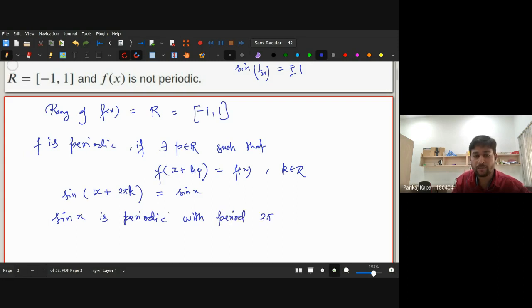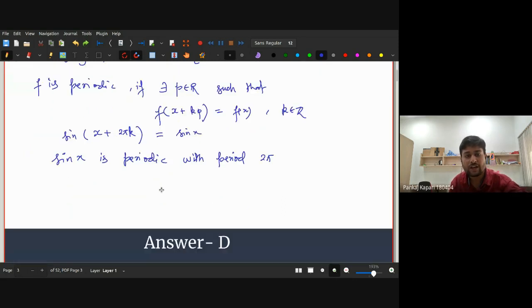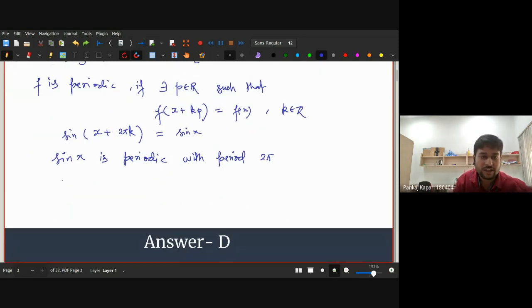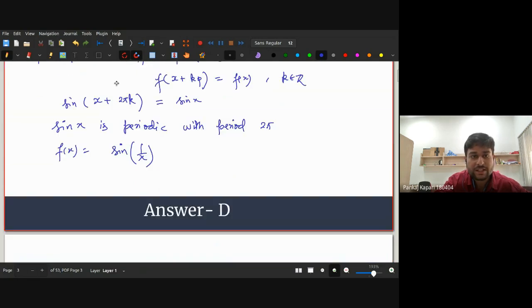The period we define as the smallest such number p. Here the given function is sine of 1 over x. Is it periodic or not? Because the sine function is periodic, but what about sine of 1 over x? Any guesses?